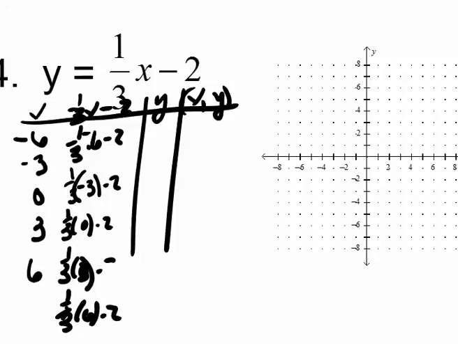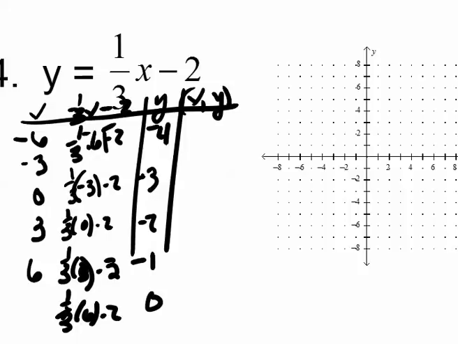1/3 times negative 6 is negative 2, minus 2, negative 4. Negative 1 minus 2 is negative 3. 0 minus 2 is negative 2. 1 minus 2 is negative 1. 2 minus 2 is 0.